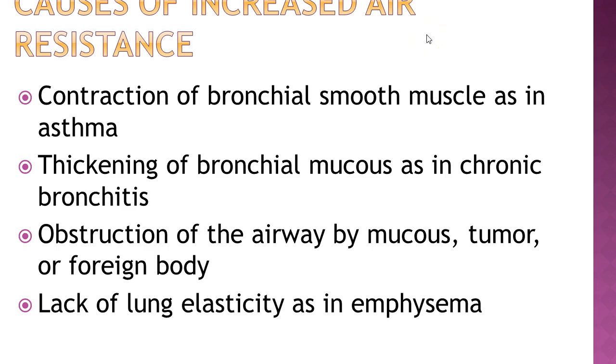Causes of increased air resistance: sometimes contraction of the bronchial smooth muscle and the bronchioles, which can cause bronchial constriction, causing your patients to have less of an area for the intake of oxygen, which we see very often in our patients who have an asthma attack. Thinking of bronchial mucus in chronic bronchitis, obstruction of the airway by anything such as mucus, tumor, or foreign body, and then the lack of lung elasticity, as we see in patients who have emphysema.